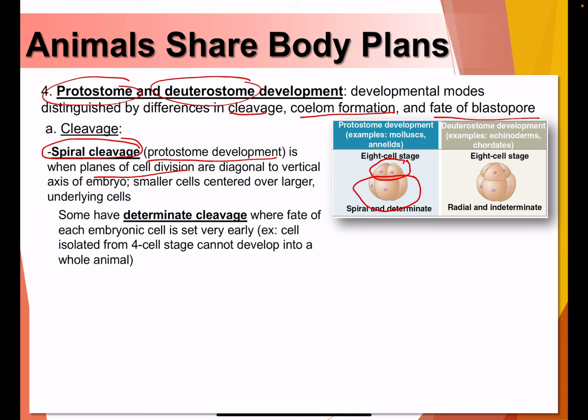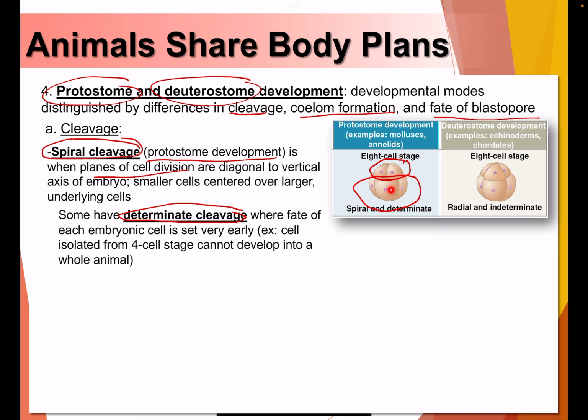Some actually have what's called determinate cleavage, where the fate of each of these embryonic cells that you see here is set very early. Very early on, this cell is already determined to be a particular part of the organism.